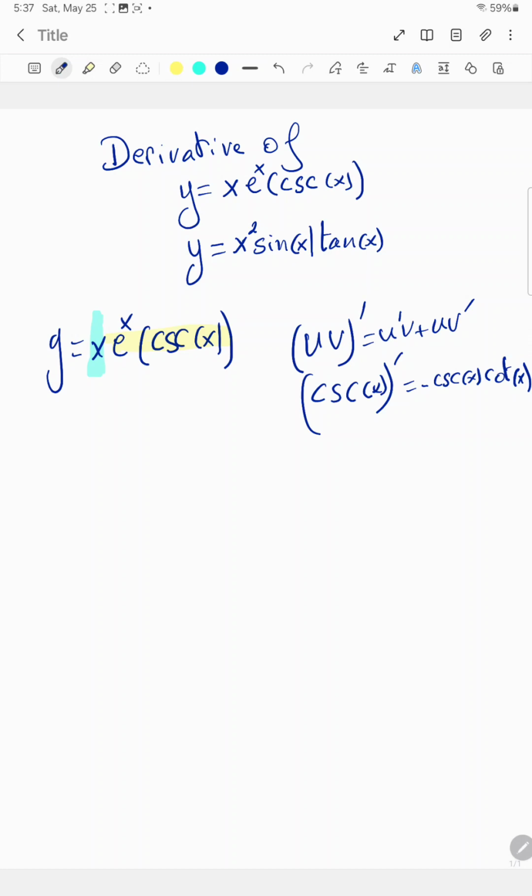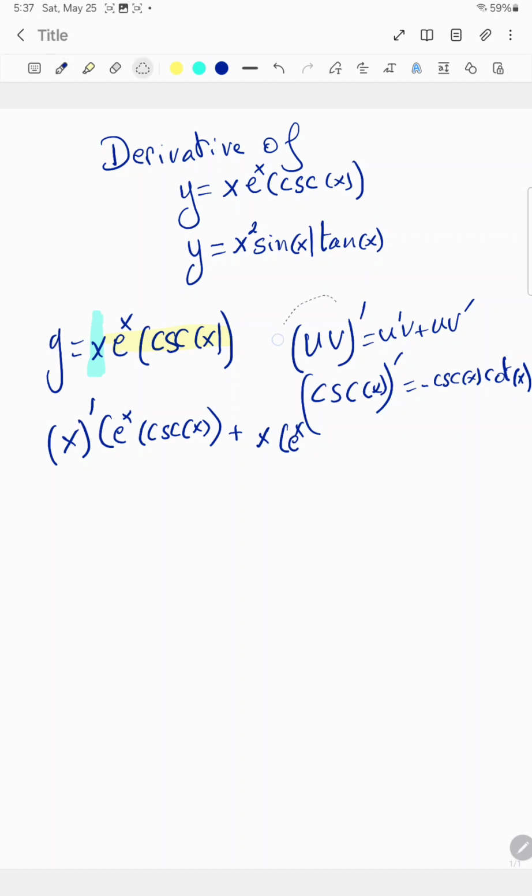And then the derivative of u times v is equal to u prime v, which is the derivative of x, times v, which is e^x times cosec of x, plus u, which is x, times v prime, which is e^x cosec of x prime.